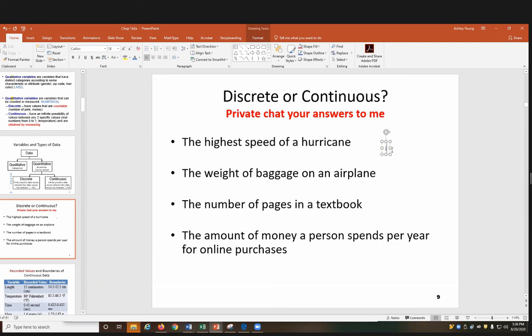It's just like the wording for the second part of the question, when it was about the weight of the baggage on the airplane, grammatically it just sounds discrete. Yeah, but the thing about it is, you have baggage on an airplane, and it could be any amount, right?